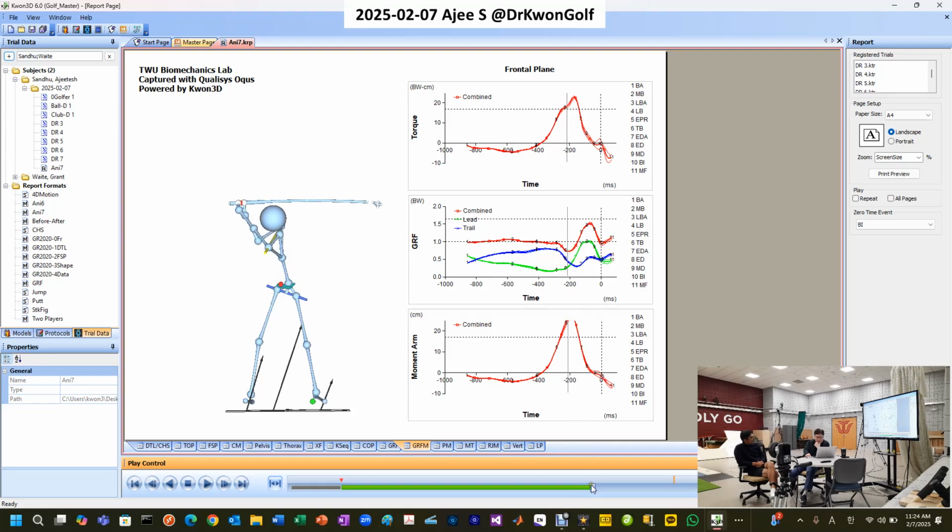So you have maximum unweighting. The timing is not bad. This is right at the top of action. But the way you do unweighting is almost no unweighting, and then from the end of pelvis rotation, top of action, suddenly you introduce unweighting, but this should actually be continuous.